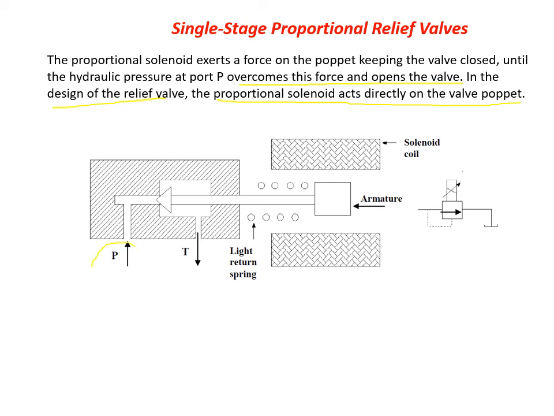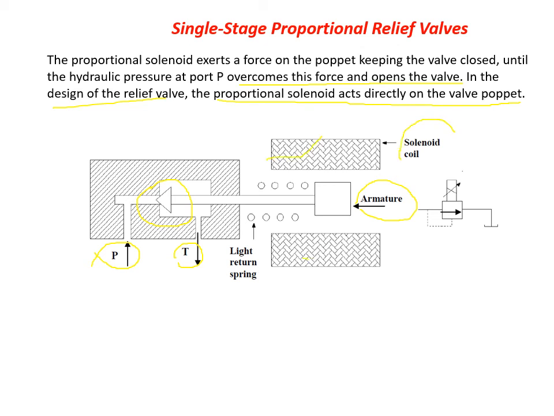So here there is a port P. This is connected to the pressure line of the circuit, and this is port T which is connected to the tank, and between them there is a valve seat. This valve seat is governed by this armature. The amount of force this armature exerts on the valve seat is proportional to the current which passes through these solenoid coils.